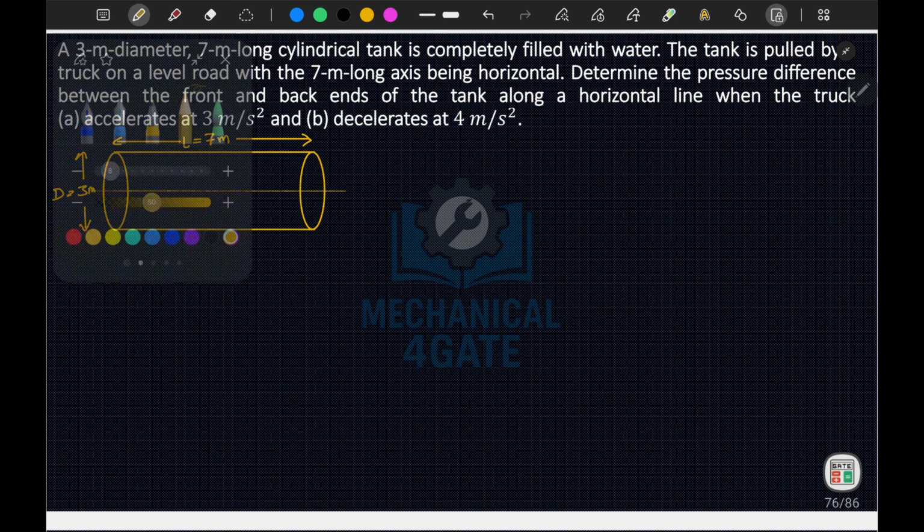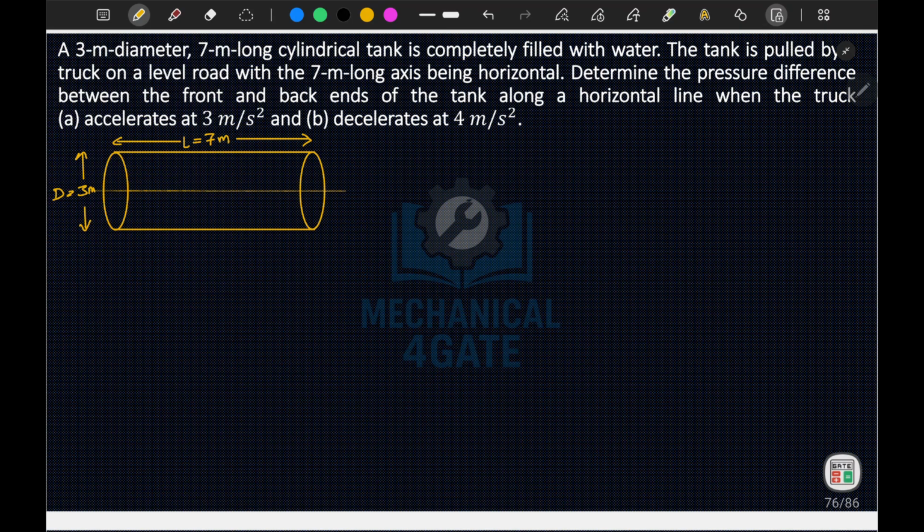What else is given? It is given that this is completely filled with water, totally filled, there is no air.